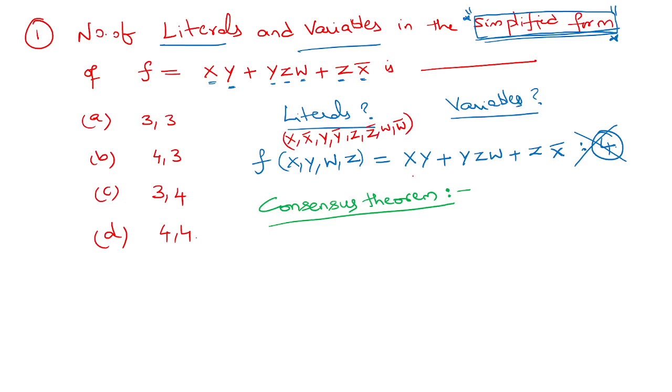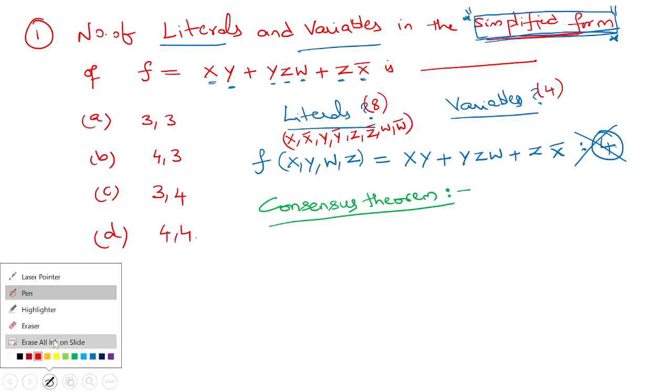If a function has four variables, possibly, then literals will also be eight, possibly. How many depends on the simplified form, depends on the question, right?